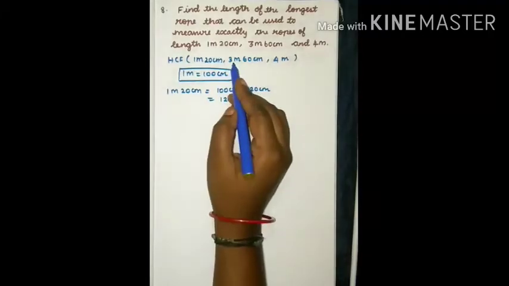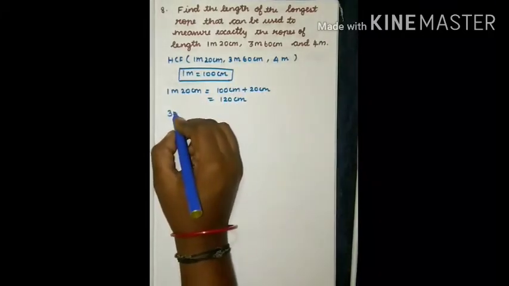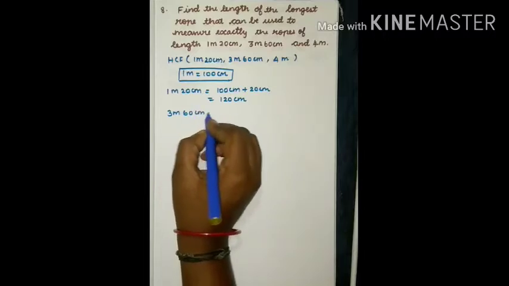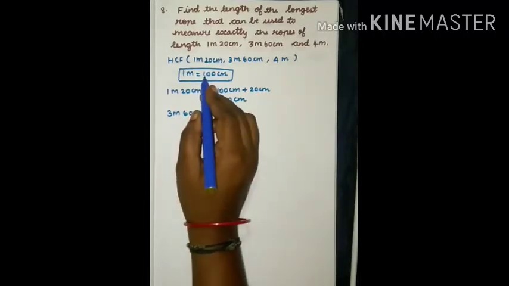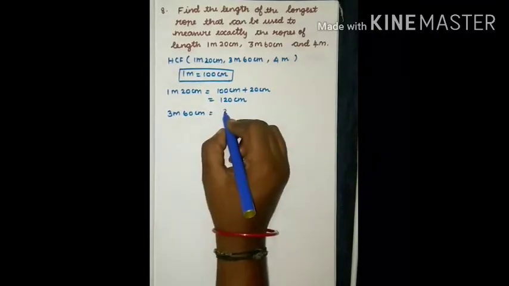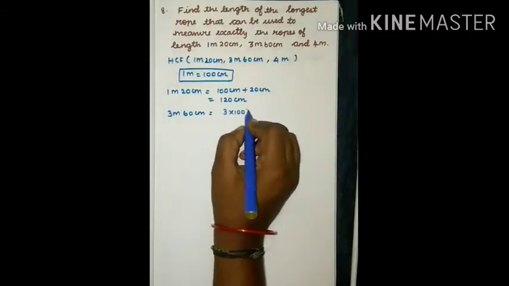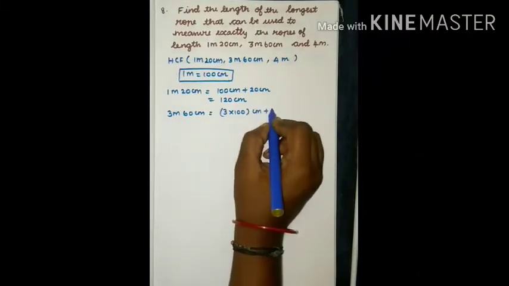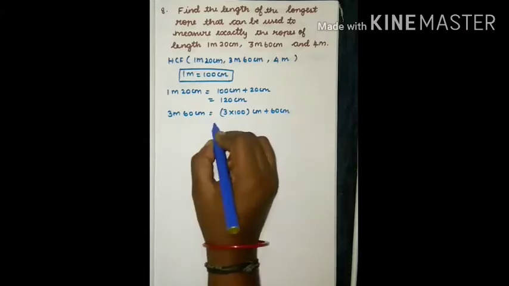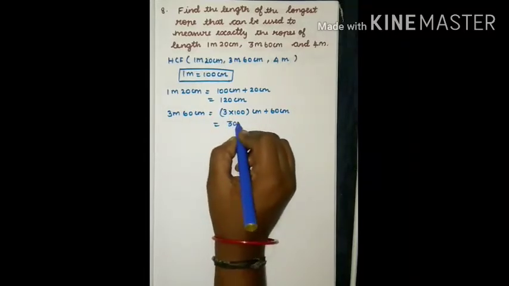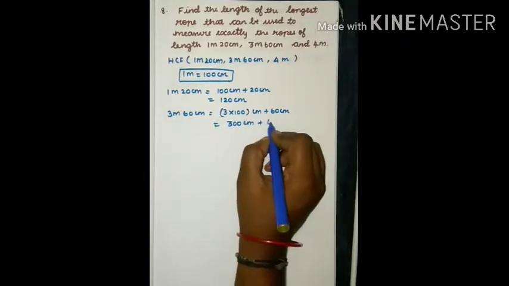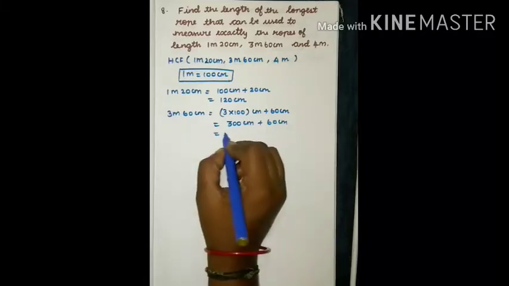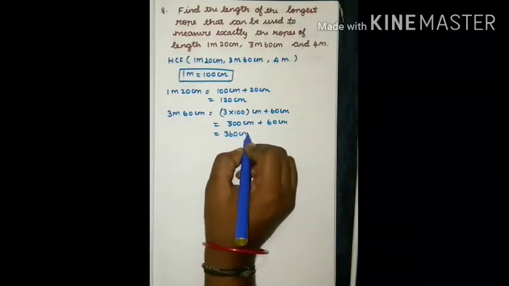Then let's find for 3 meter 60 centimeter. 3 meter equal to 3 into 100 centimeter plus 60 centimeter. 3 into 100 is 300 centimeter plus 60 centimeter, that is 360 centimeter.